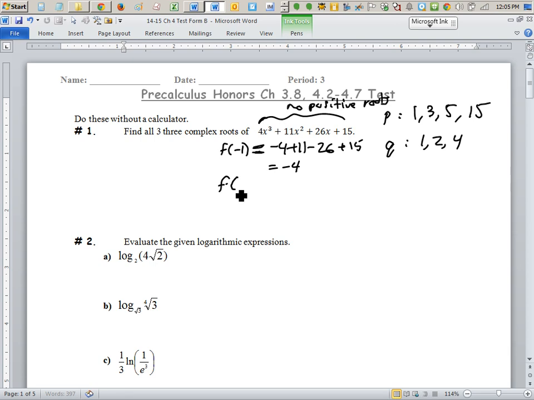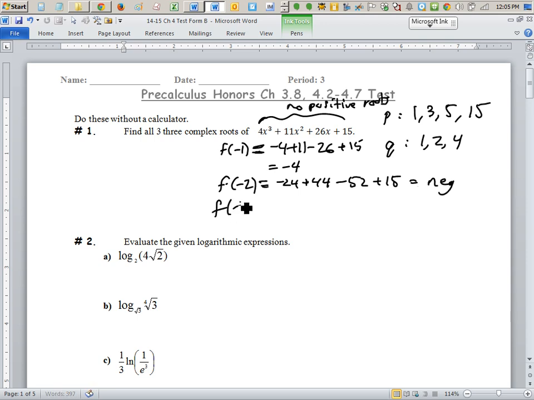But if I go to -2, I get -24 plus 44 minus 52 plus 15. Is it still negative? Actually, hold on. Is it still negative? Yeah, I think it is.